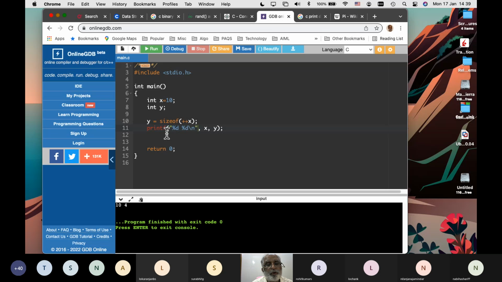But if I were to do sizeof ++x plus, what do I say? 1UL, I'm using a long number, 1L is a long integer.